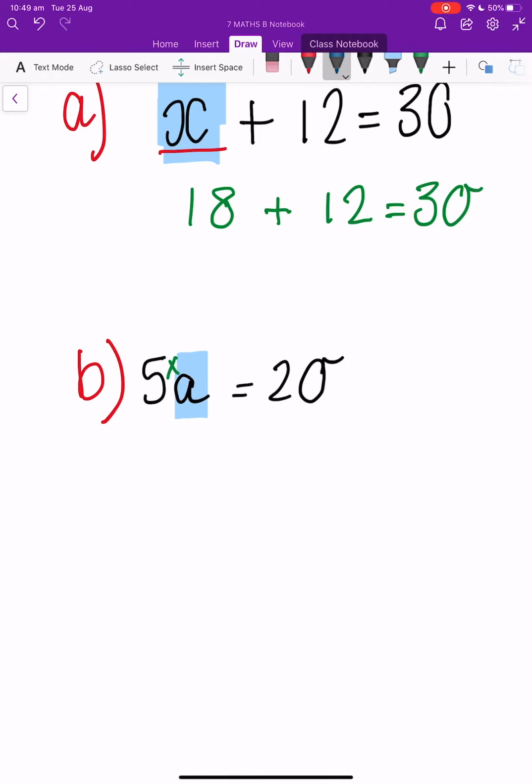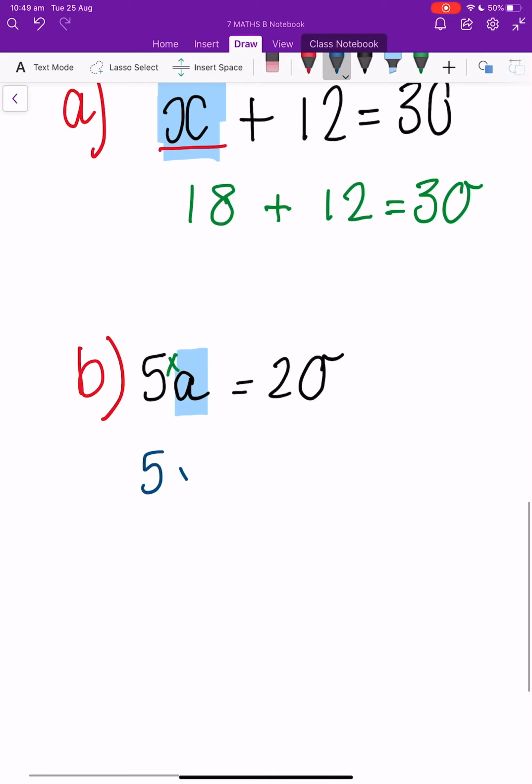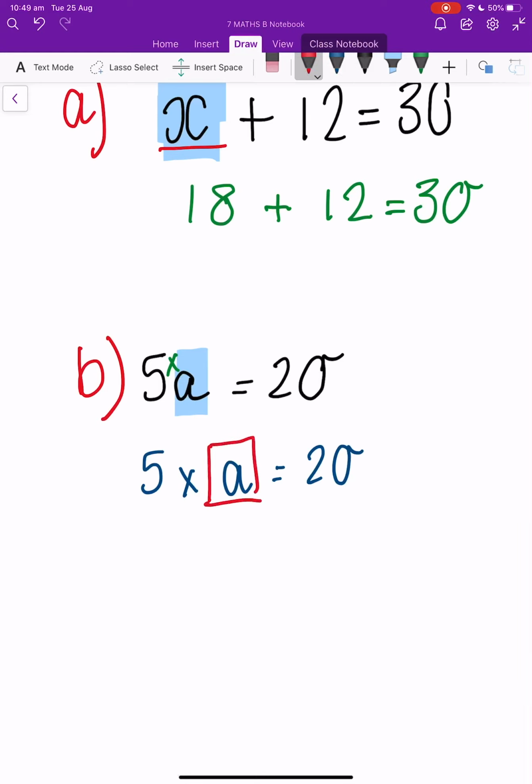So that is also saying 5 multiplied by something gives you 20. You might know that 5 multiplied by 4 gives you 20, and that would be your answer. 5 times 4 equals 20.